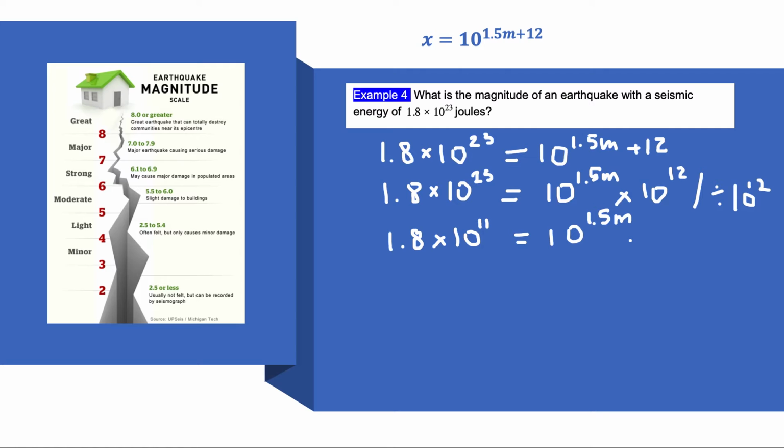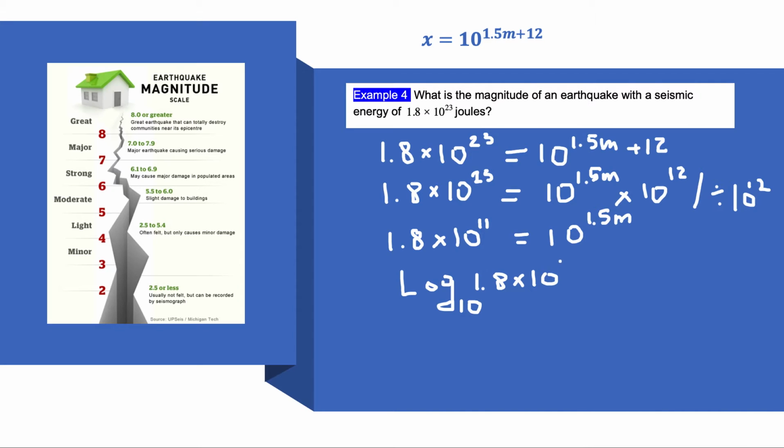And now I'm going to convert this into logs. I'm going to have a log here, and the 10 here is the base of the exponent, so it is going to be the base of the logarithm. 1.8 times 10 to the 11 I'm going to write as it is, because the expanded form would be very long, so I am writing it in scientific form.